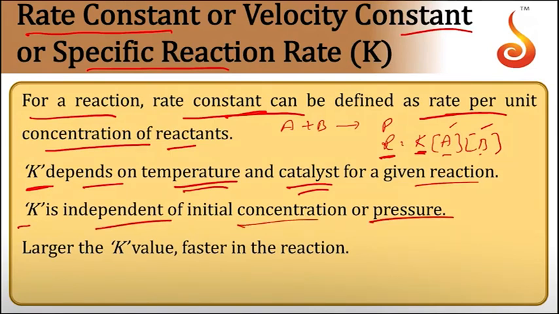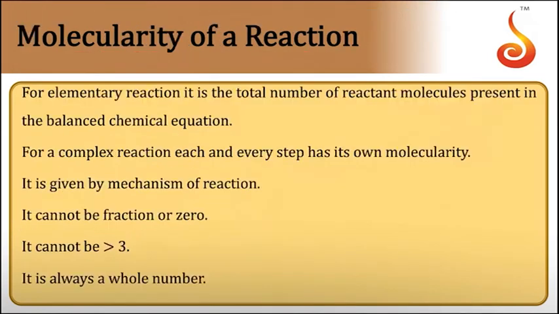Since we are defining K per unit concentrations, definitely it is going to be independent of initial concentration or initial pressure. And what does it indicate? Larger the value of K indicates that rate is going to be higher, meaning faster the rate of reaction. So higher the value of K means higher the rate of reaction. This is regarding the rate constant, or velocity constant, or specific reaction rate.